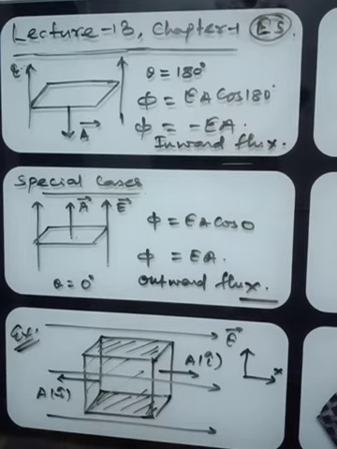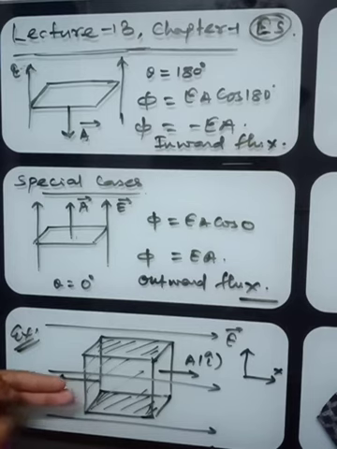It is very simple. If you count the net flux, here the flux is going in this way, it is inward flux, the area vector and electric field making 180 degree. And from this face it will be the outward flux, since only these two faces are counting the field lines.